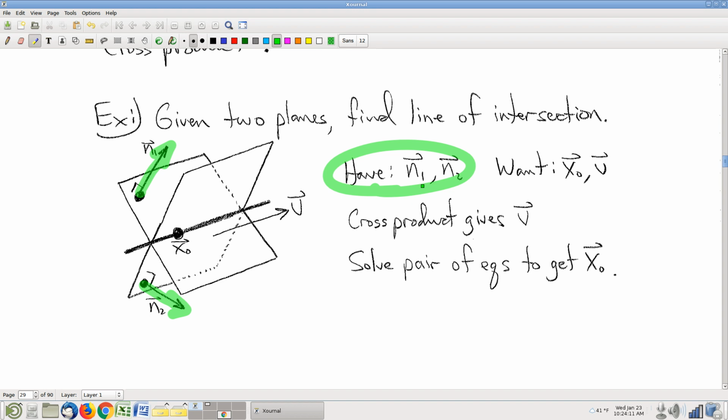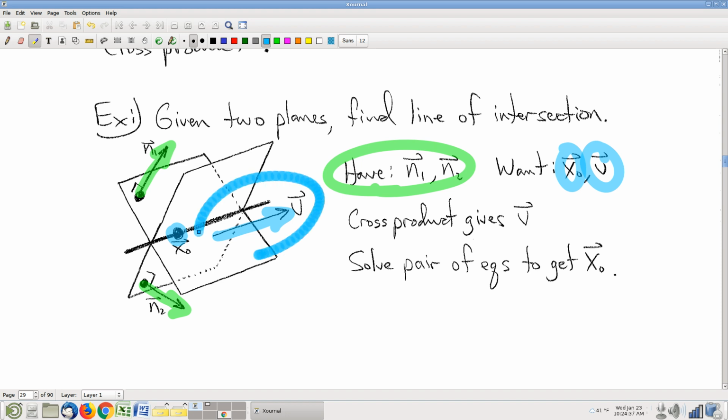You just read those straight off the equation. So we're given these two normal vectors. What do I want to find? I want to find a point on this line, and I want to find a vector parallel to the line. Those are the two things that I want. Now you have a geometric point of view on the question, and you can start playing the appropriate games.